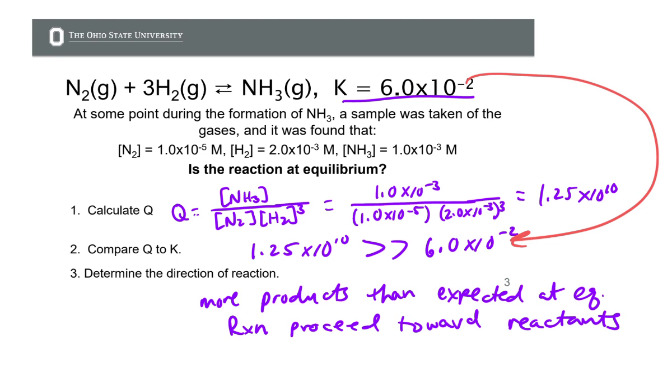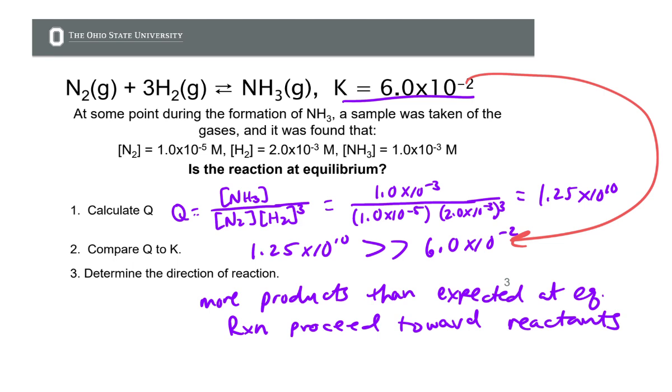Yes? Is that usually eliminated towards reactants? I think that is usually how it's written, it's going to proceed toward the reactants or the products. I'm going to make sure there's no left and right on the exam. I hate left and right. Are there other ways that you're thinking of?